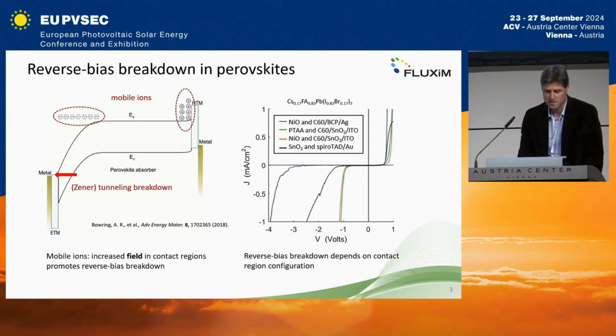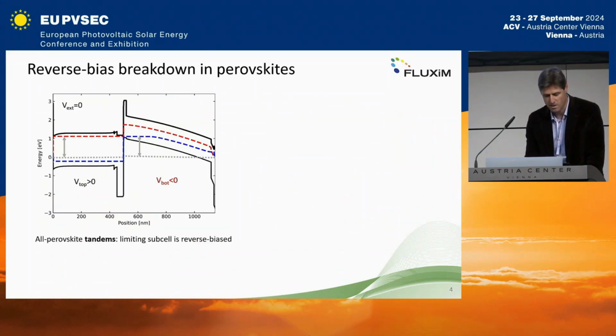Okay, so in fact, it's interesting to observe that this reverse bias breakdown depends not only on the type of perovskite, but also on the specific architecture, especially the choice of charge transport layer used. So in tandems, we have the additional complication that the limiting subcell is reverse biased already at moderate forward bias or short circuit.